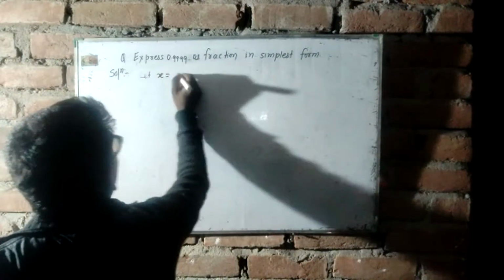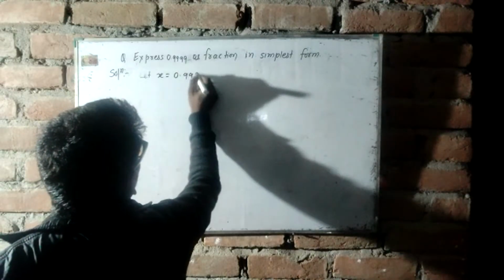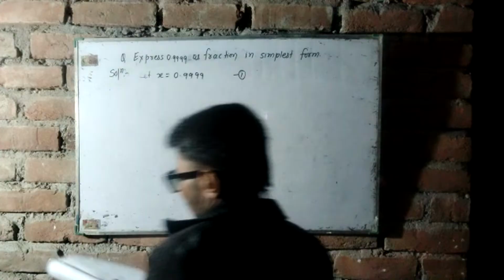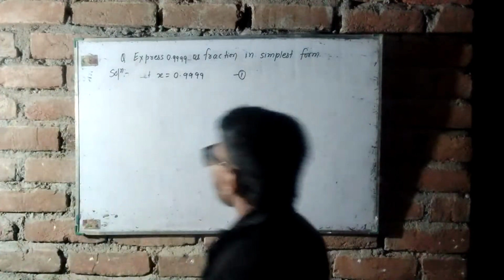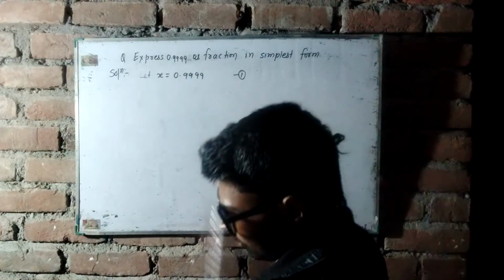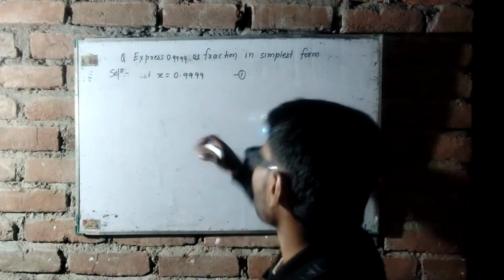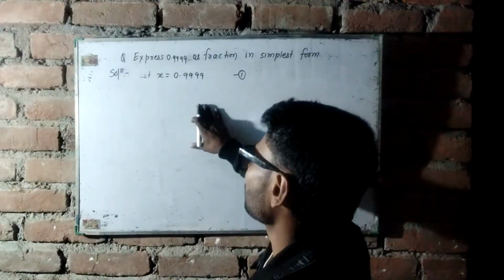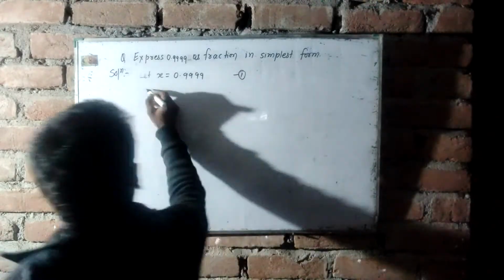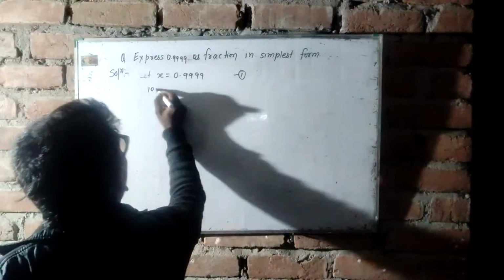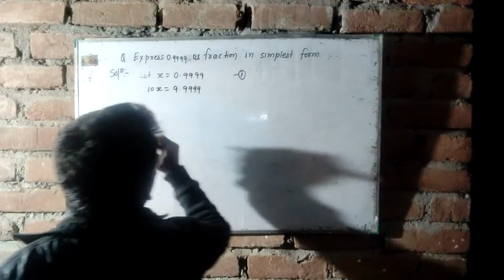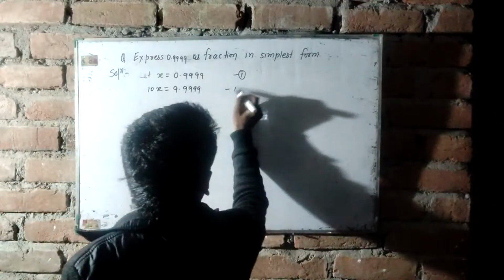Let x is equal to 0.9999 as equation first, okay? Since the repeating block has only one digit 9, so we multiply both sides of equation first by 10 and we get 10x is equal to 9.9999 as equation second.